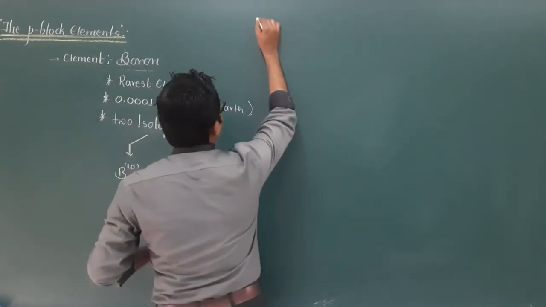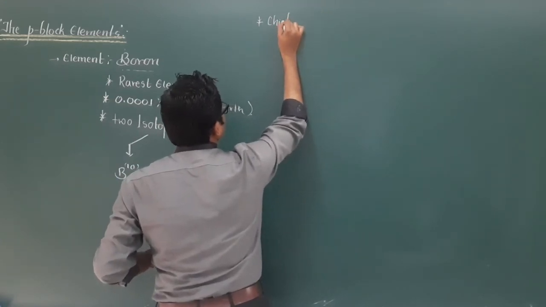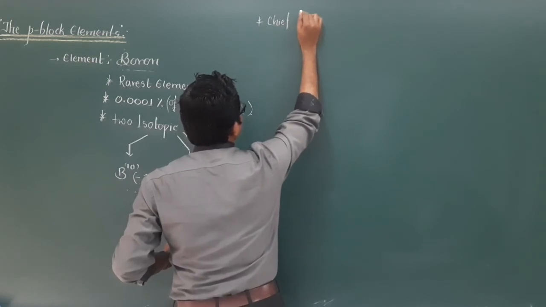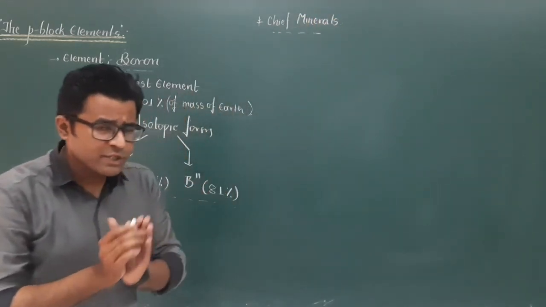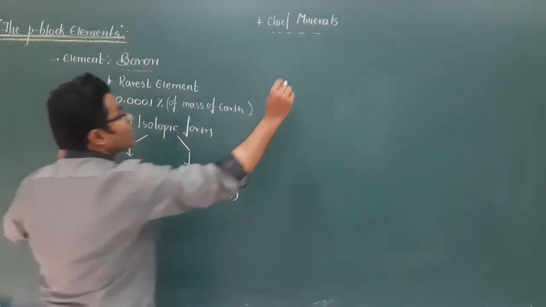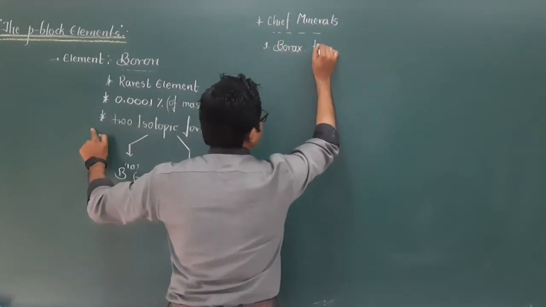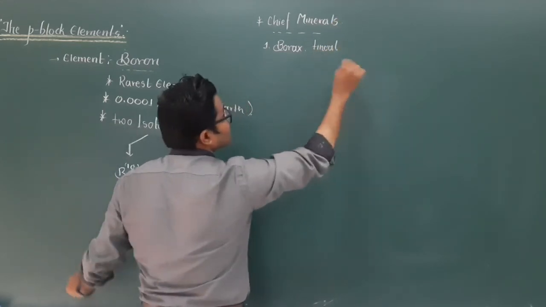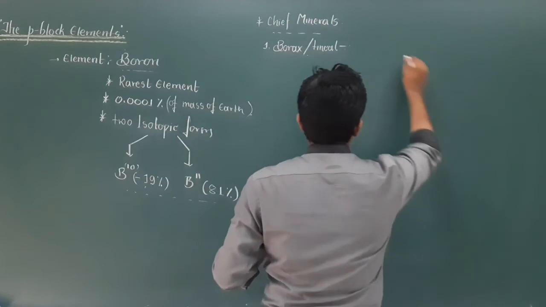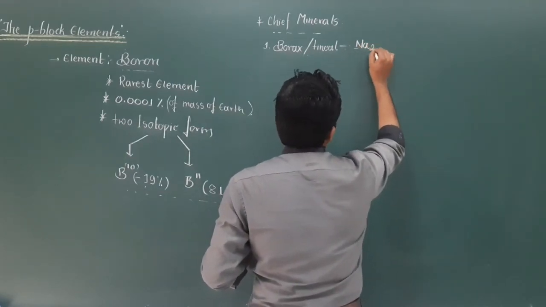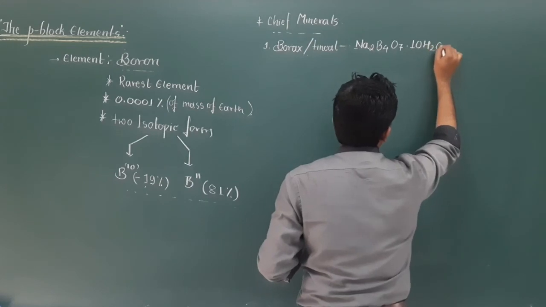Now let's observe the chief minerals of boron. The first one is borax, also called tincal, which has the formula Na2B4O7.10H2O.